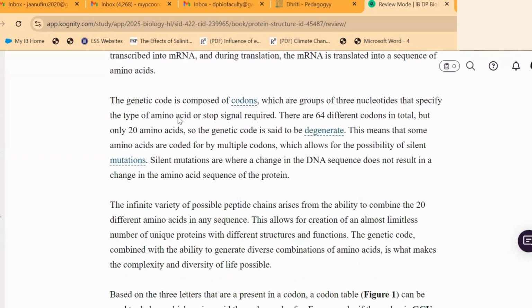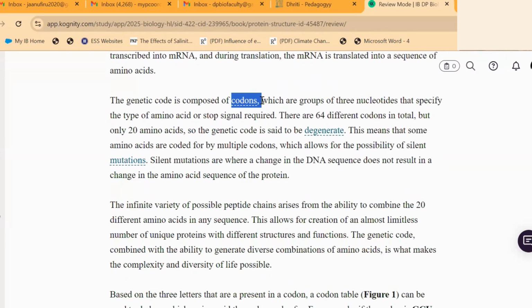The genetic code which we are talking about is made up of codons, groups of three base pairs. So you always call it a triplet codon; they occur in threes. The genetic code is said to be degenerate. Why?